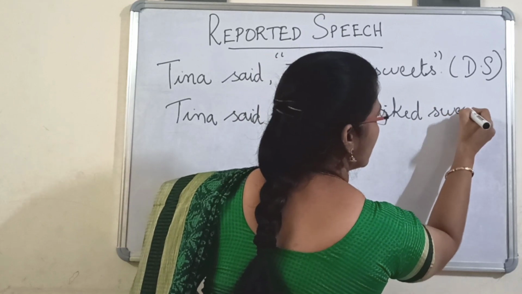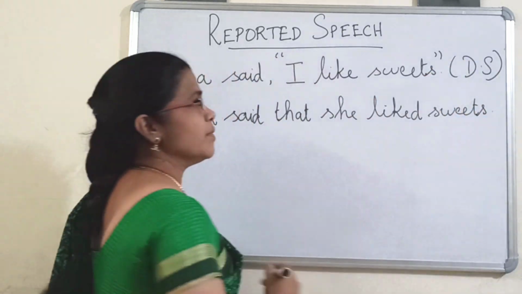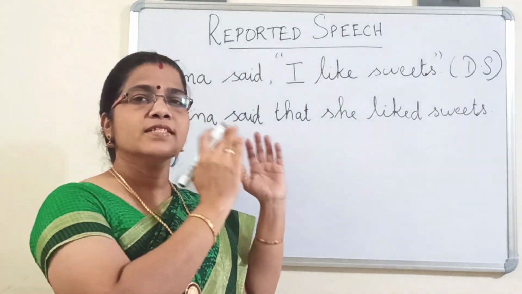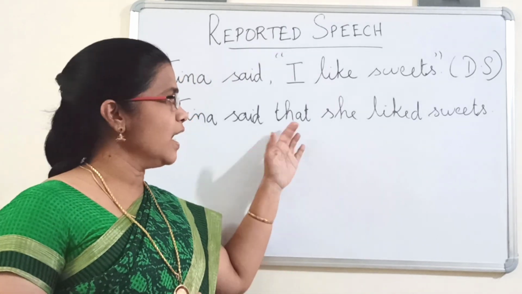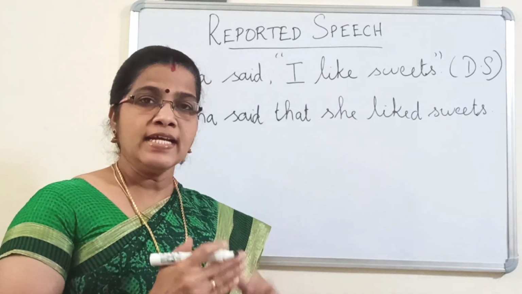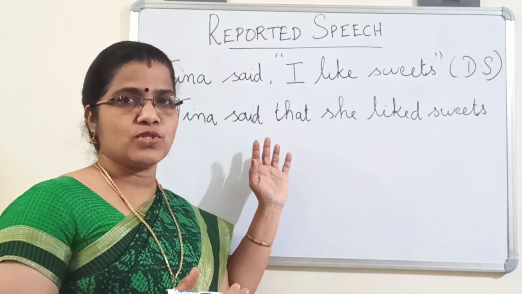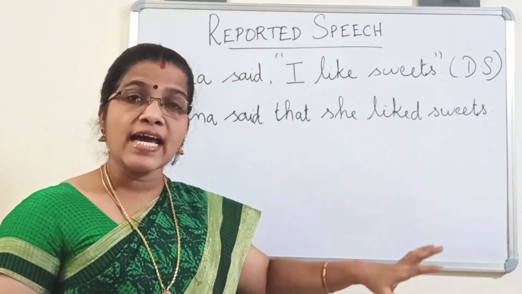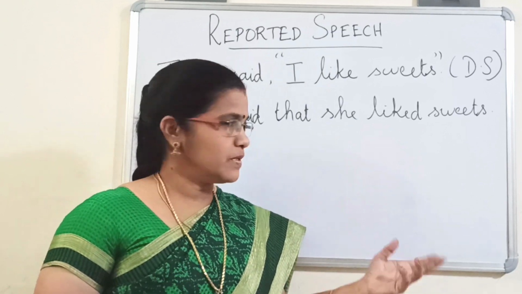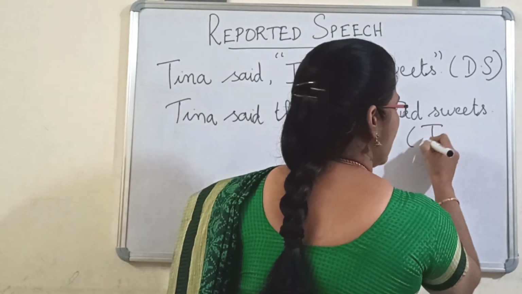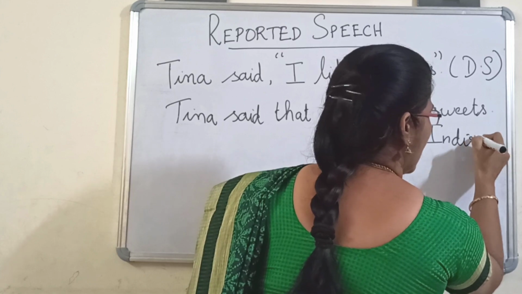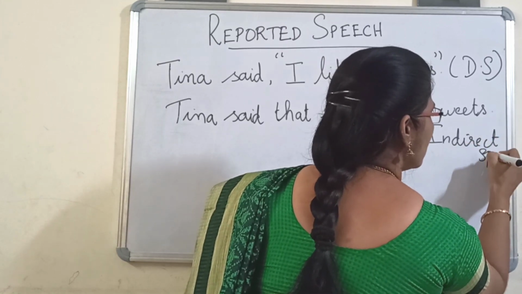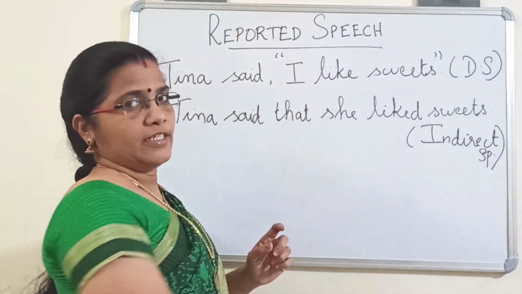What am I doing here? I am conveying what Tina said. But here I didn't make use of the same words, the same utterance that Tina used. I have made some changes. This is an example of indirect speech, or reported speech.